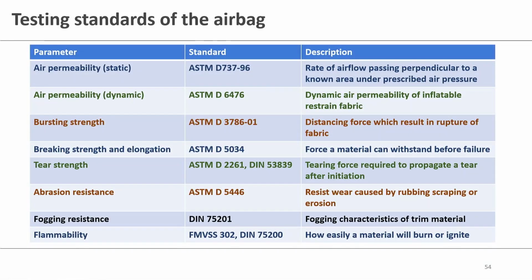So, there are different testing standards like ASTM standards: air permeability, static and dynamic bursting strength, breaking strength, tear strength, and abrasion strength, fogging resistance test, flammability. So, all tests are done as per different standard processes.